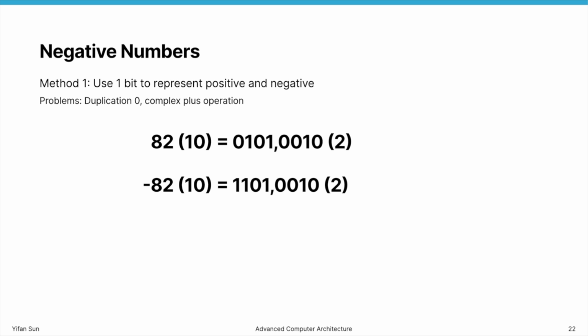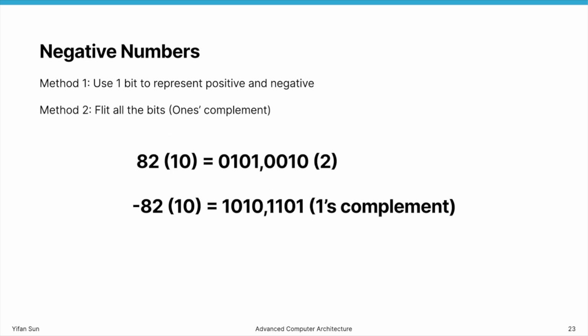So the second way is we can flip each bit, and this method is called one's complement. It's not really useful, but it's just an intermediate step, right? So we can first flip this representation. Then we say, okay, this is a negative number. And we can still use the first bit to tell if it's positive or negative.